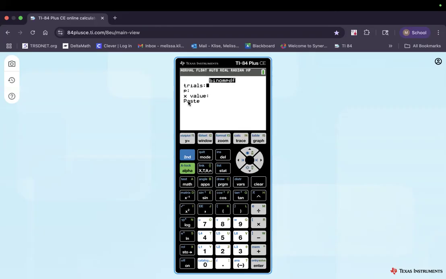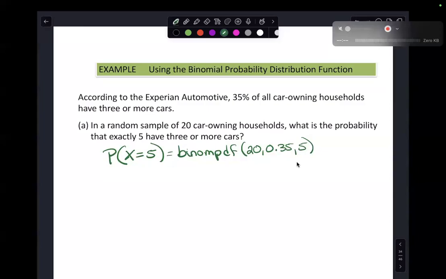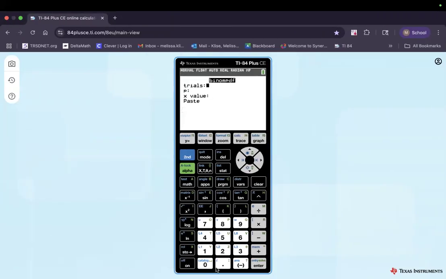I get this lovely screen. I don't know if you get this lovely screen. If you don't, that's fine, because you can just put the numbers in the way that I showed on that screen. The number of trials is 20 trials. Probability 0.35. Make sure you're converting it to a decimal.